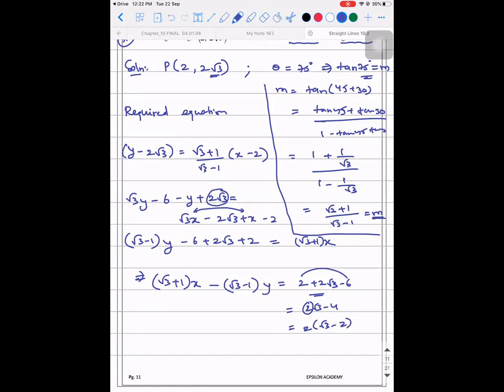You have another minus 2 root 3 this side, then this will become 4 root 3. Yes, got it. 4 root 3 minus 4, that will be 4 into root 3 minus 1. Now it's fine? Yes, sir.